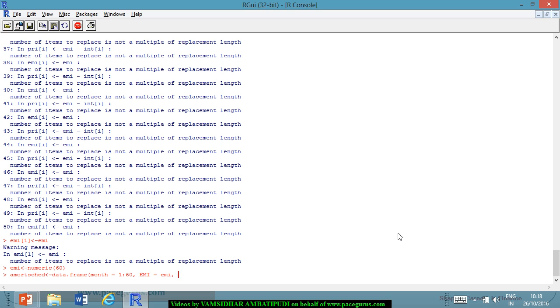Then I can take the opening balance, open I'll call it, which is like OB, and I'm also having interest, I'm calling it as INT.